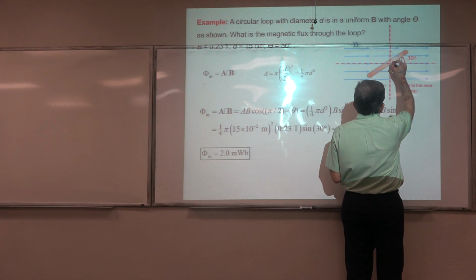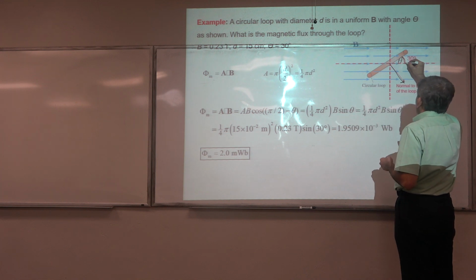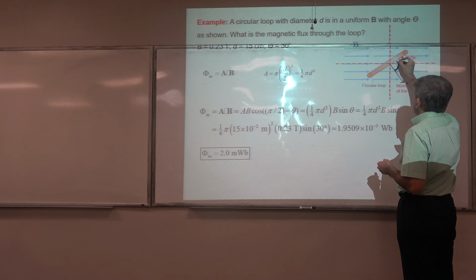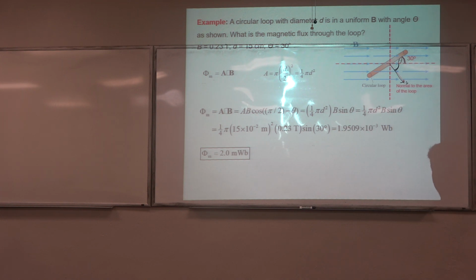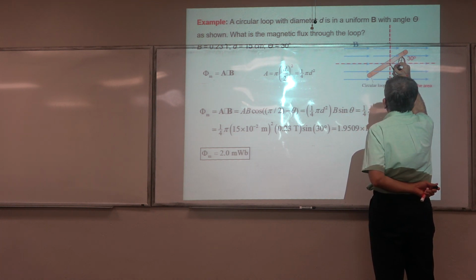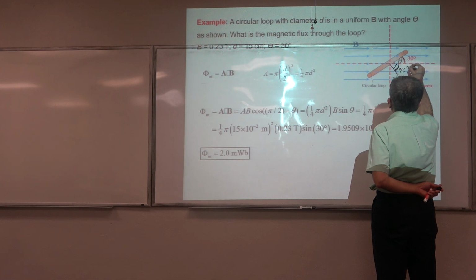So this is the area vector to the coil. Now if this coil makes an angle theta, what is the angle between the magnetic field line and the area vector? This is pi by 2, and this is pi by 2 minus 30.